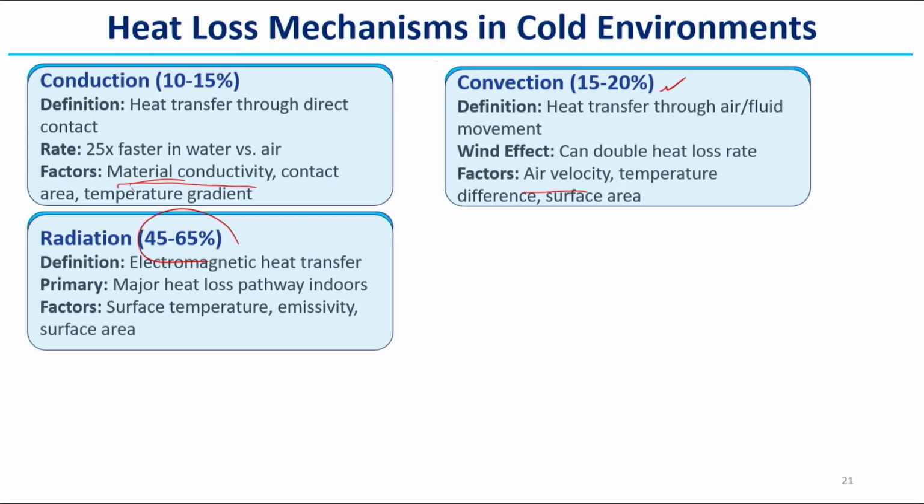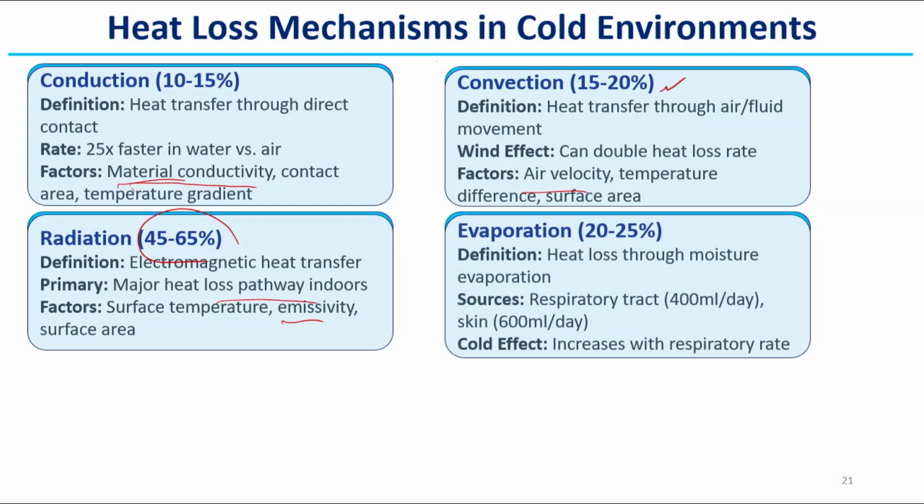It does not need any material or medium, but the radiative heat loss can be prevented by a number of layers, so that the wave may get reflected from the surface. A reflective coating can also be used to prevent the radiative heat loss. It is the major heat loss pathway, and the factors are surface temperature, emissivity of the surface and surface area. This is the radiative heat loss.